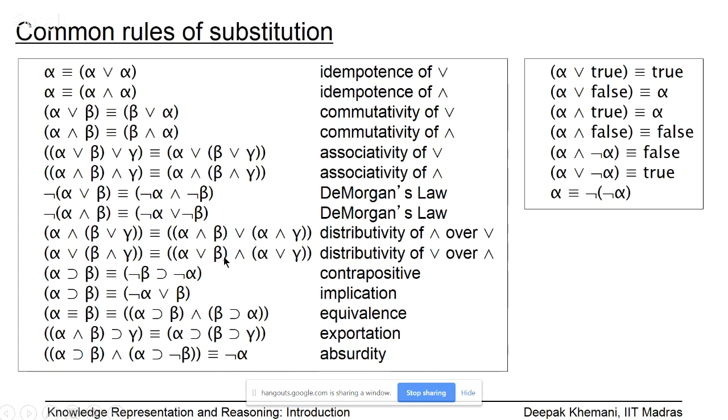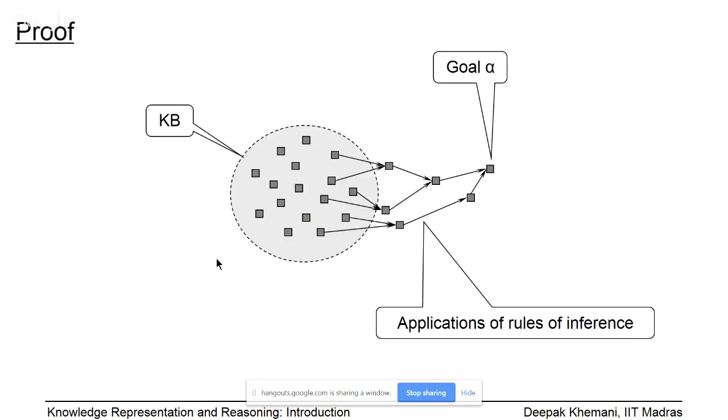As I said, logic is formal in nature, and you have algorithms to manipulate formal representations in the language we are talking about. In our case, it's going to be first order logic most of the time. Then we have this notion of proof: you keep applying rules of inference, and eventually you will come to the goal.